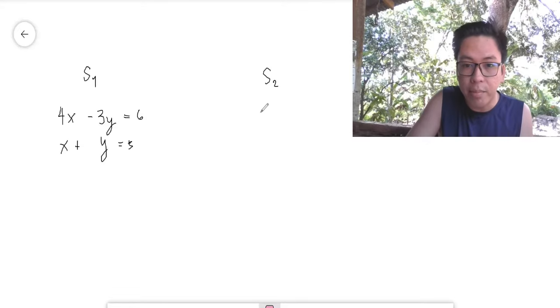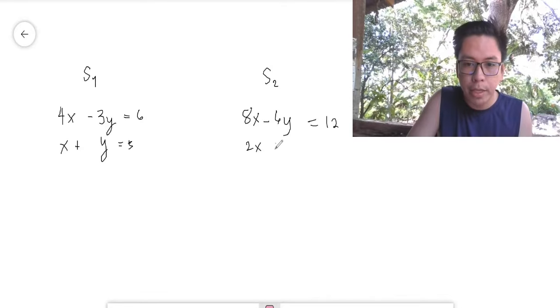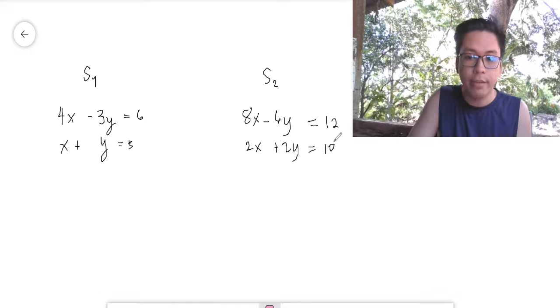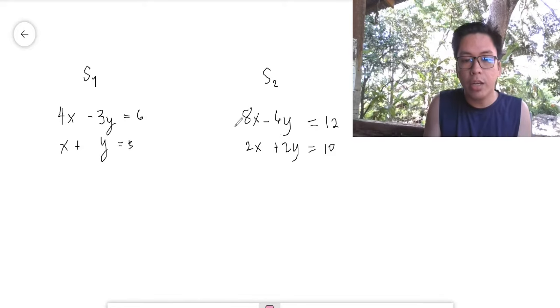We call this system 2, and we have 8x minus 6y equals 12, and then 2x plus 2y equals 10. Okay, so they're actually equivalent because, if you evaluate that, these equations here are actually multiples of the equations coming from the first system.